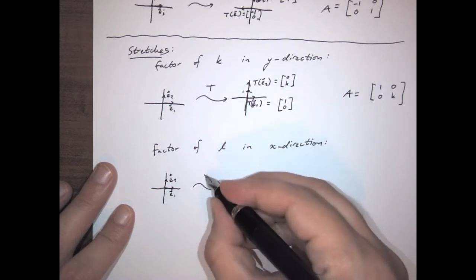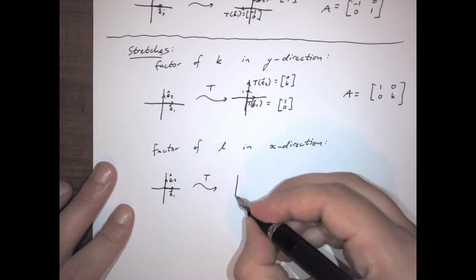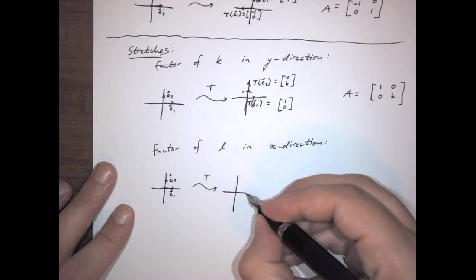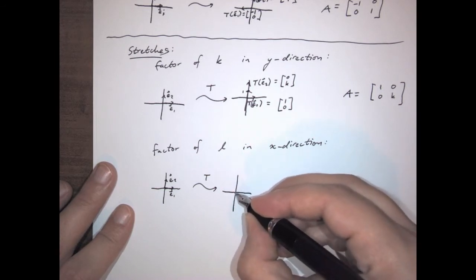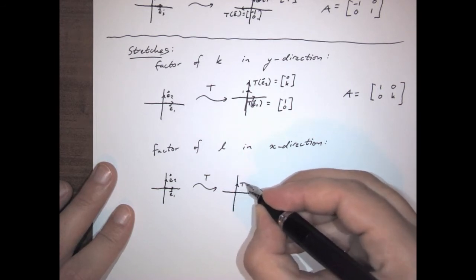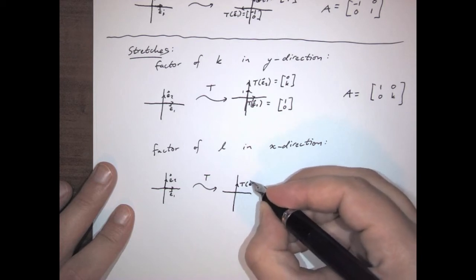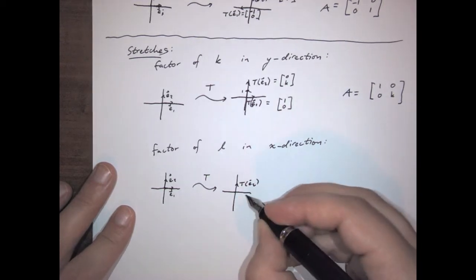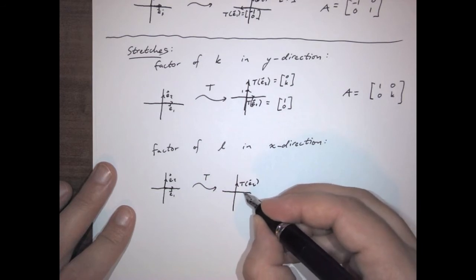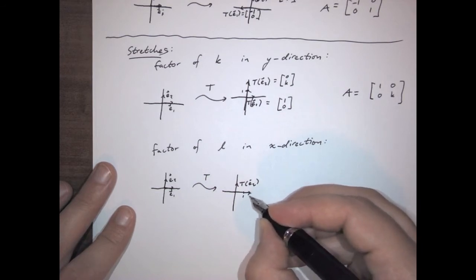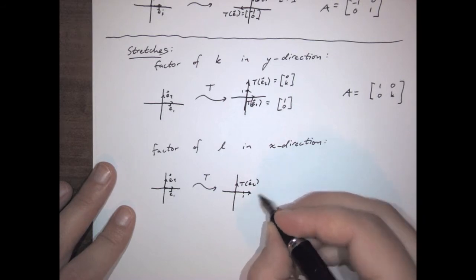And under the influence of this transformation, E2 will be unchanged, but E1, so if that was 1, then it will be out to here, which is L.